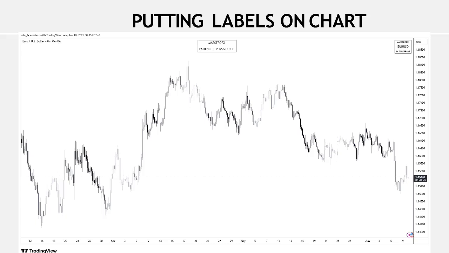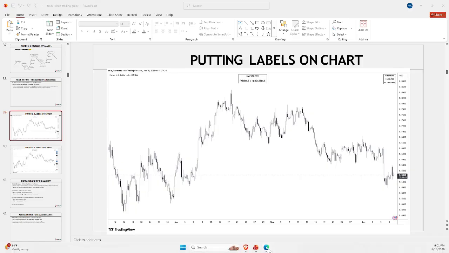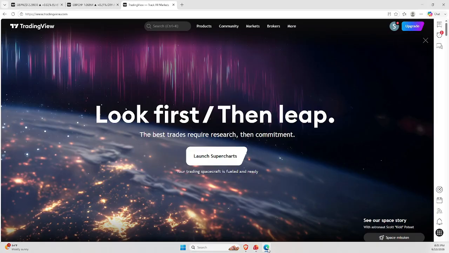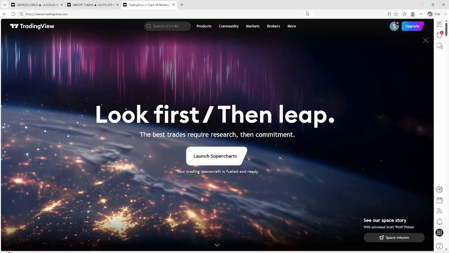Now we are going to put labels on the chart, but before that, I'll take you through how we can set up our chart, specifically using TradingView.